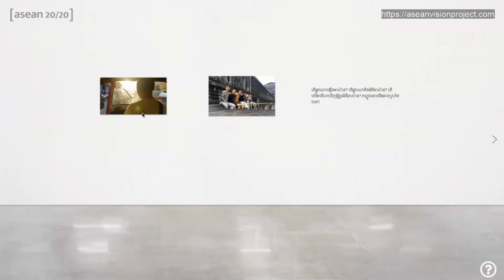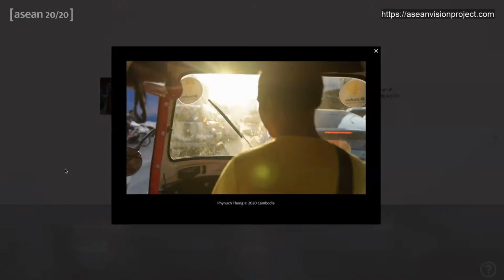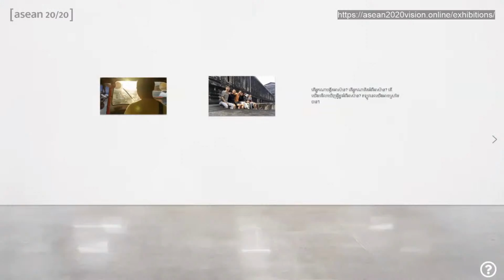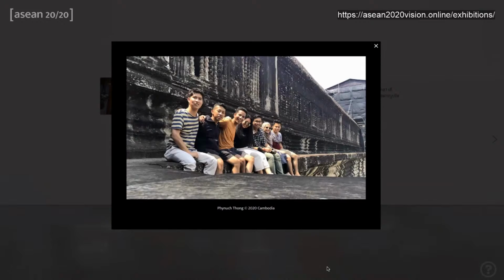These two additional photographs were contributed by our recent participant from Cambodia, and I think it's a nice depiction of the everyday from his angle, which I think we could also relate to. He even insisted on showing this photograph.